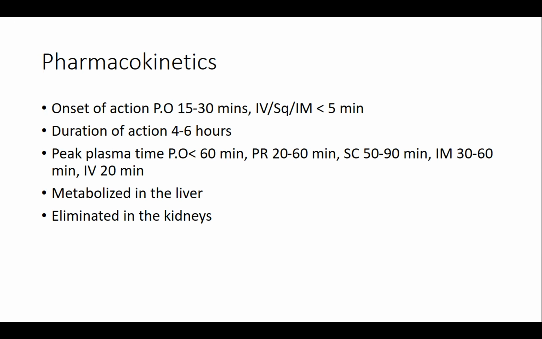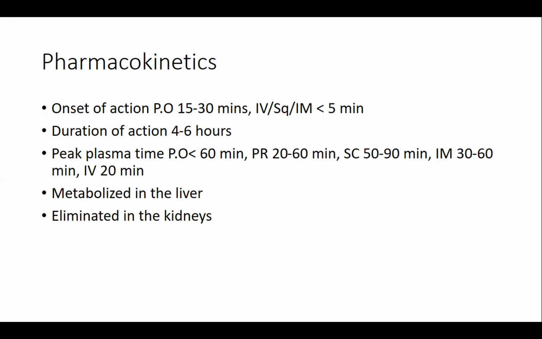And for oral morphine, we have it acting for about 4 to 6 hours. So our dosing for oral morphine is usually 4-hourly or sometimes 6-hourly, based on different factors that we highlighted before. And we have peak plasma concentrations at about 60 minutes for the oral formulation.